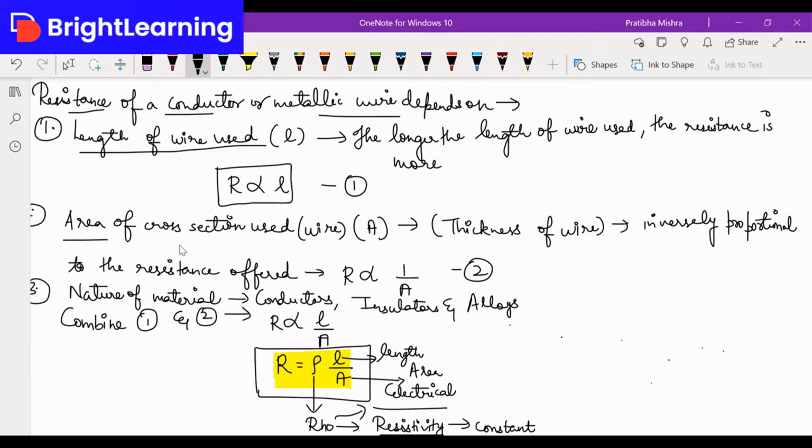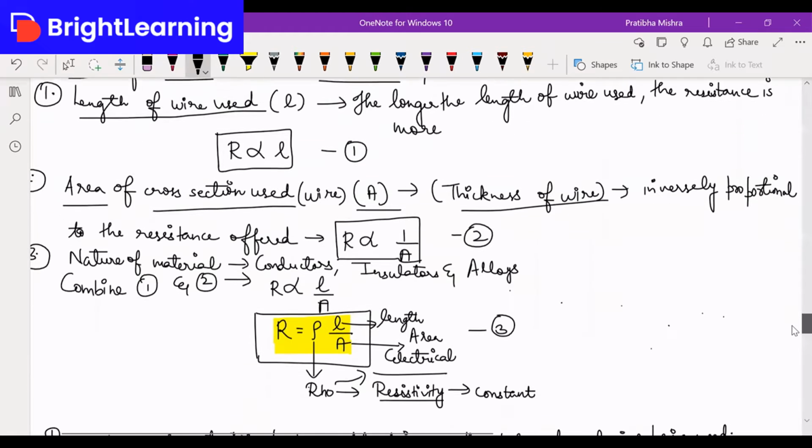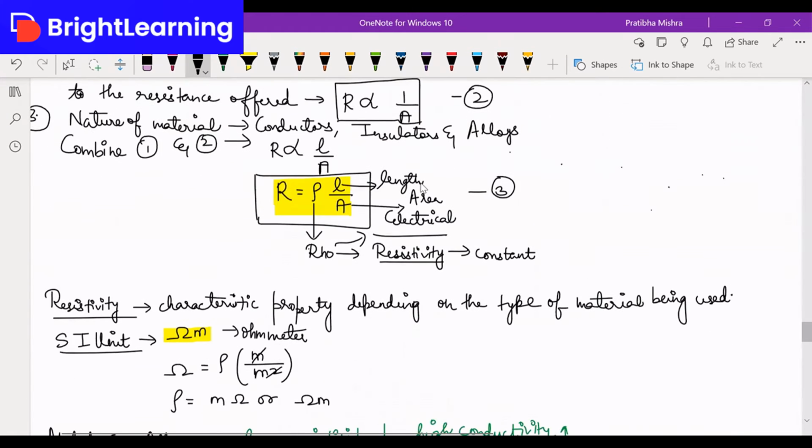Then the cross section of the wire used, which is nothing but the thickness, is inversely proportional. When you combine the equations together, you get a third equation: resistance is equal to rho L by A. Rho L by A.